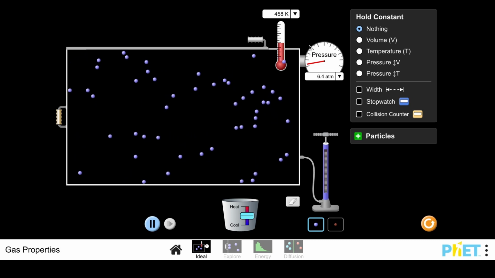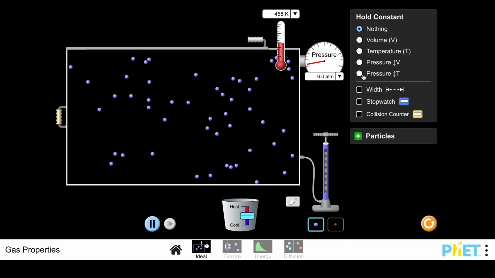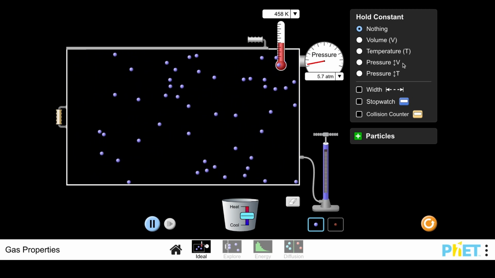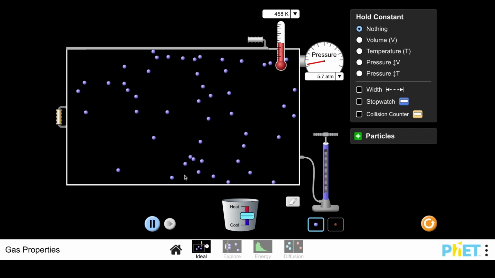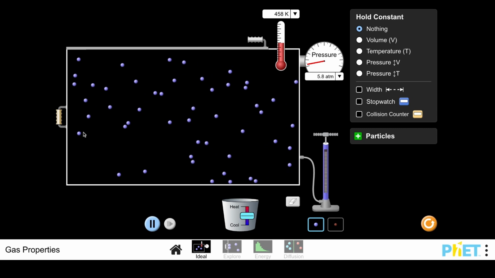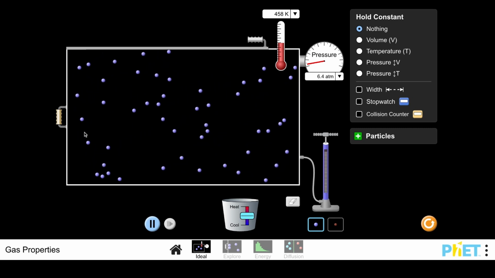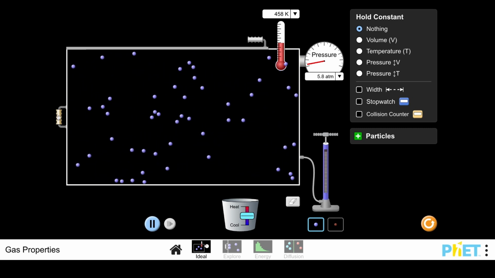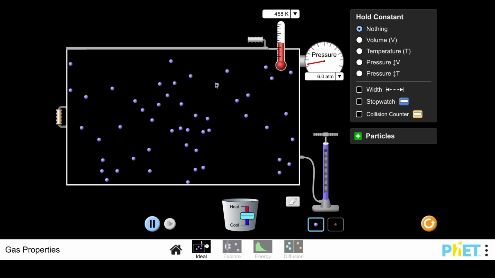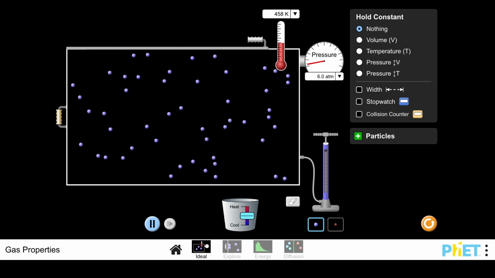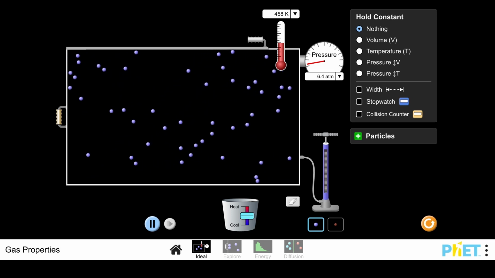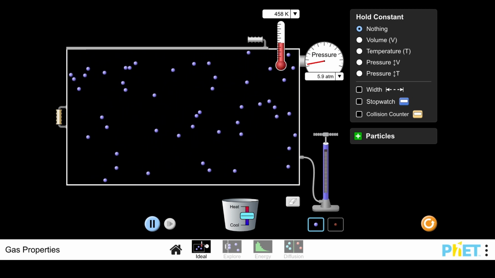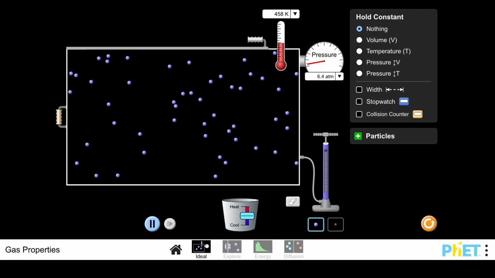Well, think about it. If we want this pressure to be constant, and when we increase the temperature, these gas particles, we know they're moving faster. Which is why we have to increase the volume of the tank to balance this out. It's like if I were in a race with Usain Bolt, to balance things out, I would do a 100-meter dash and he would have to do a 200-meter dash.